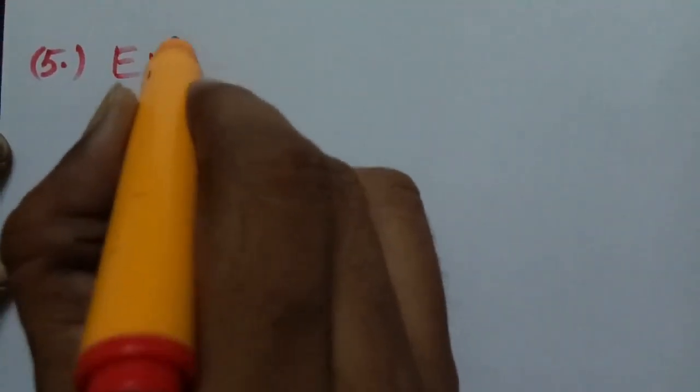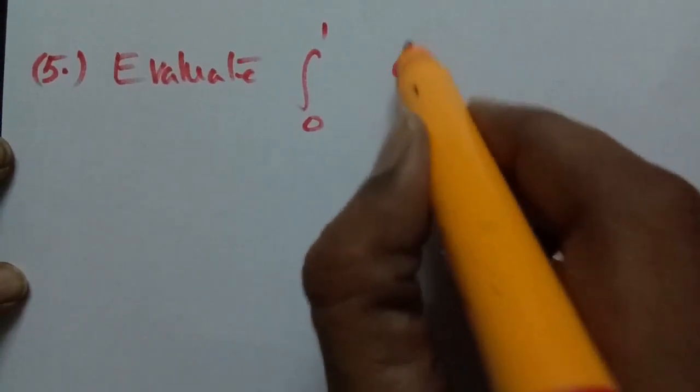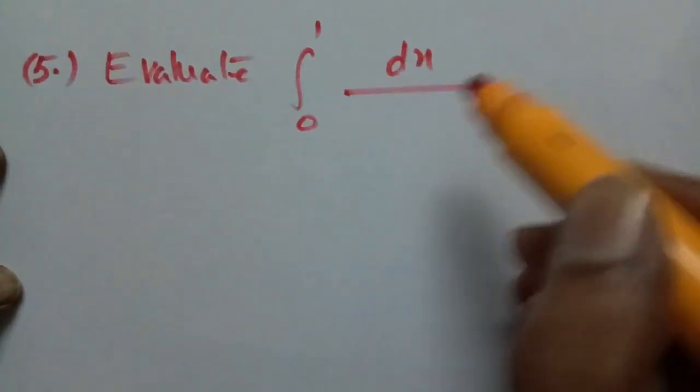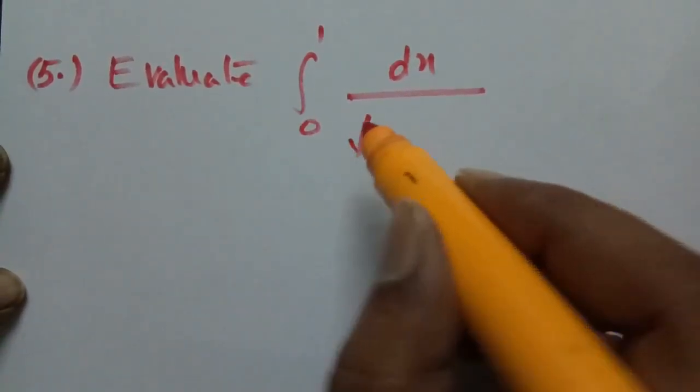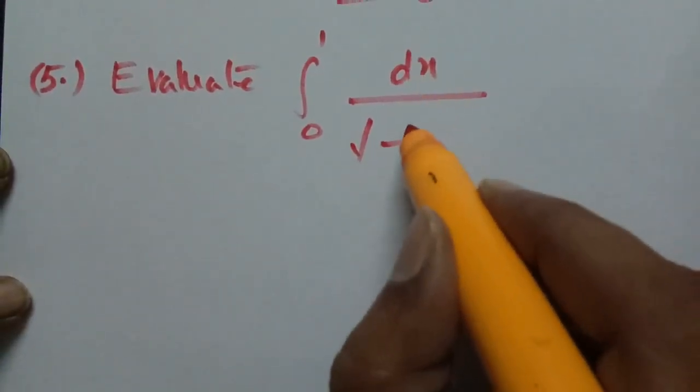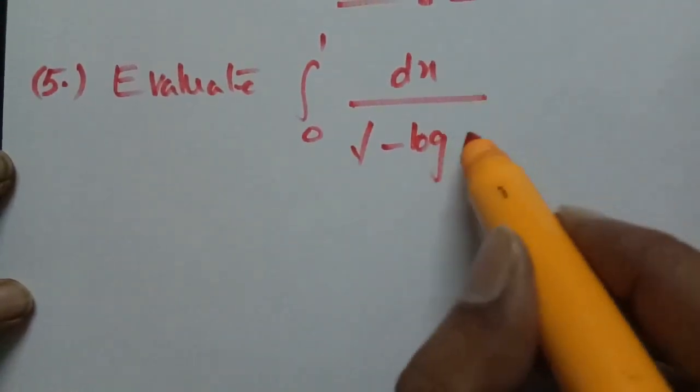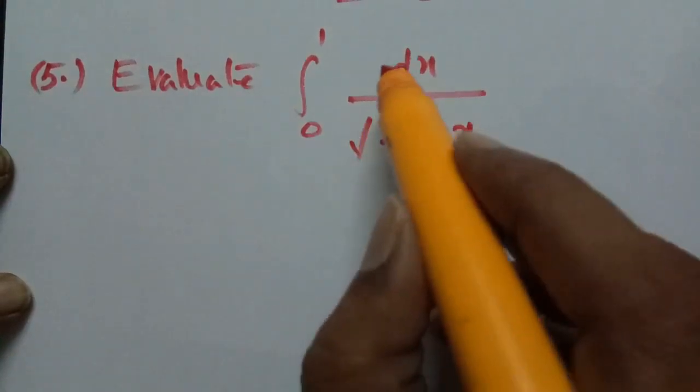Problem number 5. Evaluate integral 0 to 1 dx by square root of minus log x base e.